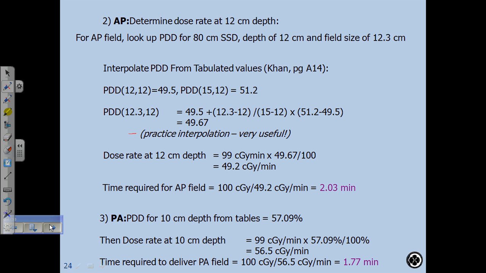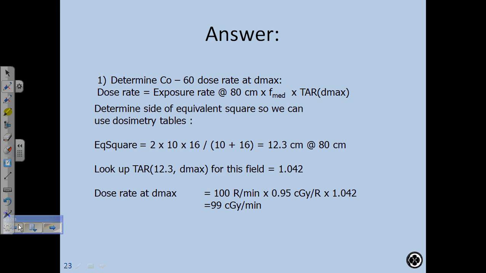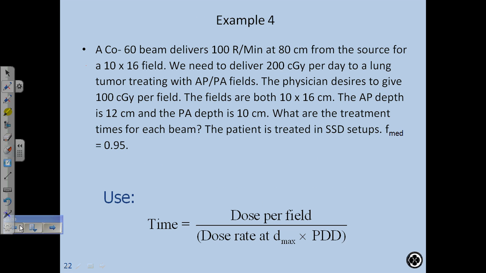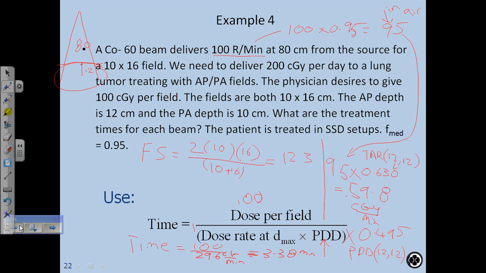We have 0.17. Did we get this 99 right? Or was it our chicken scratching there? No, we didn't. Wait, that TAR looks a little, oh, that TAR is really small. Oh no, you know what? We did it wrong. We should have used the TAR for Dmax.